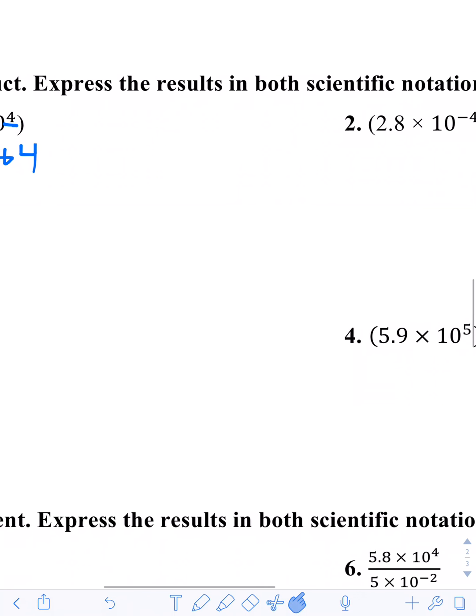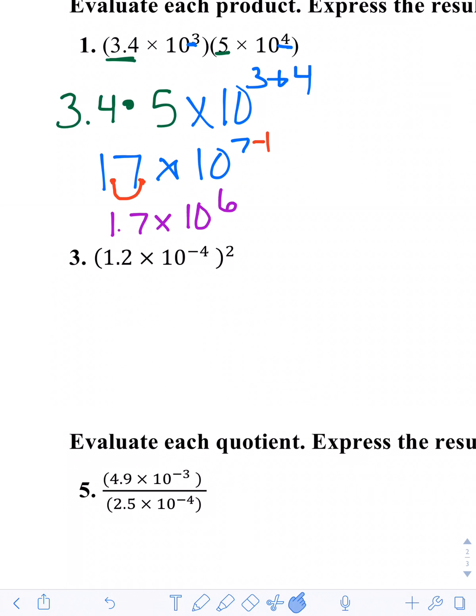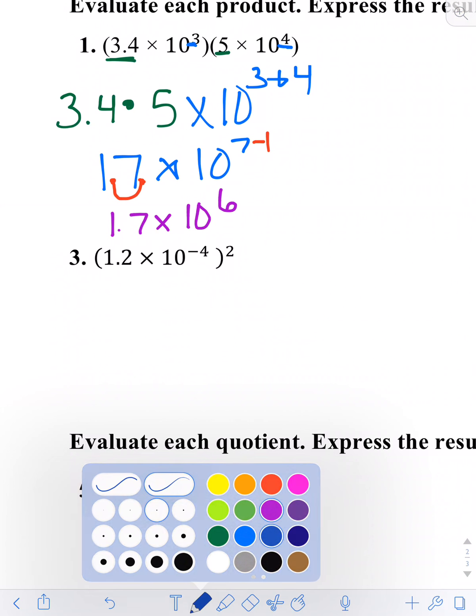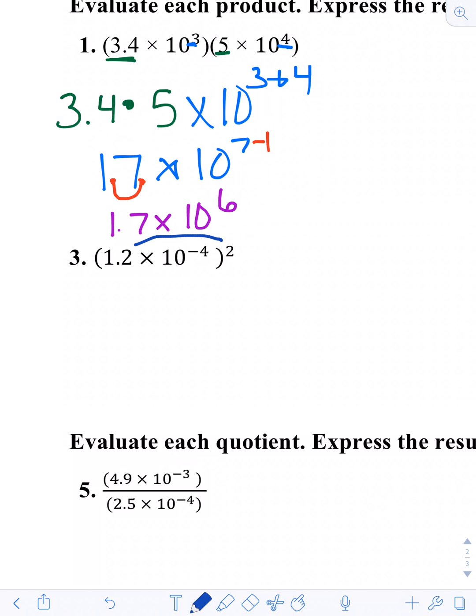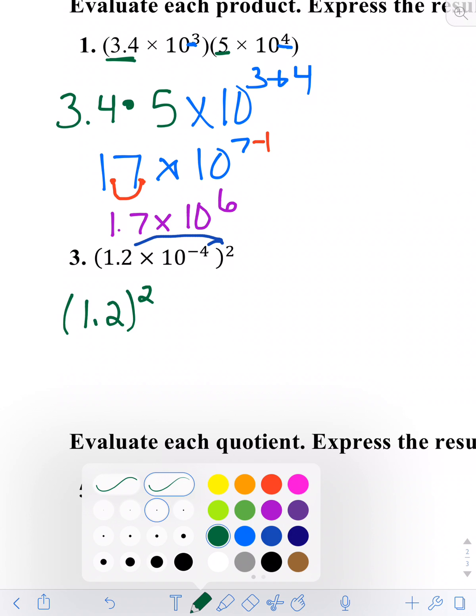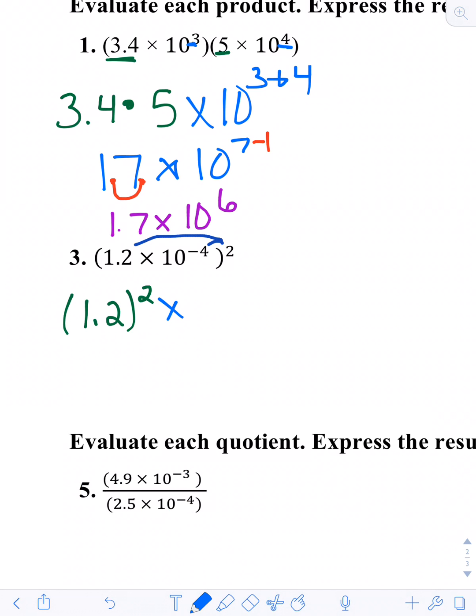Alright. And then number 3. What we have to do here with number 3 is distribute this 2 here and here. So what you end up getting is 1.2 squared, and then times 10. Remember, power to power you multiply, so negative 4 times 2.